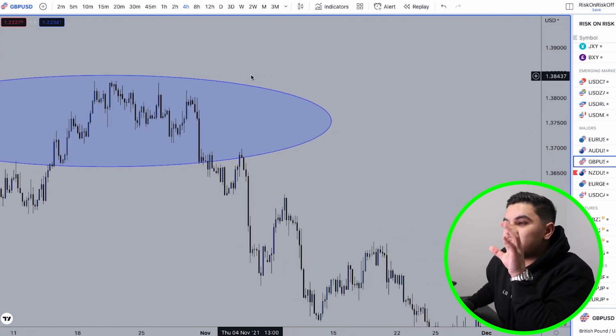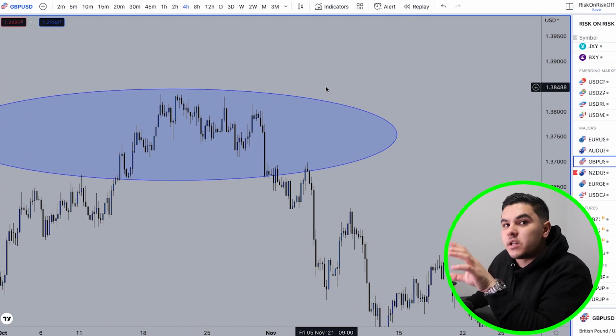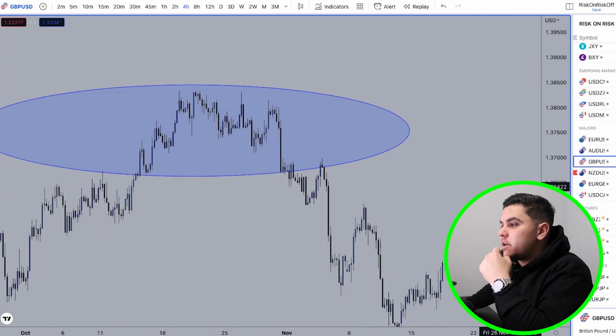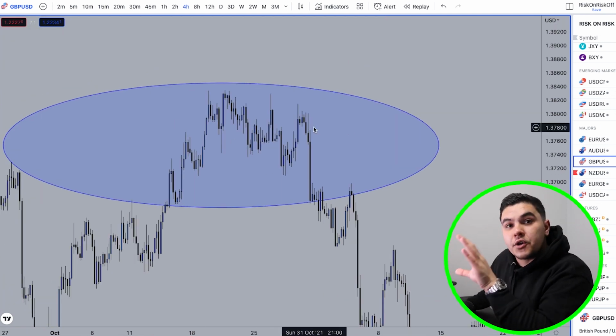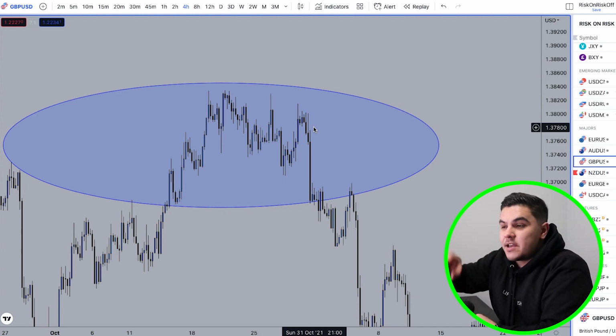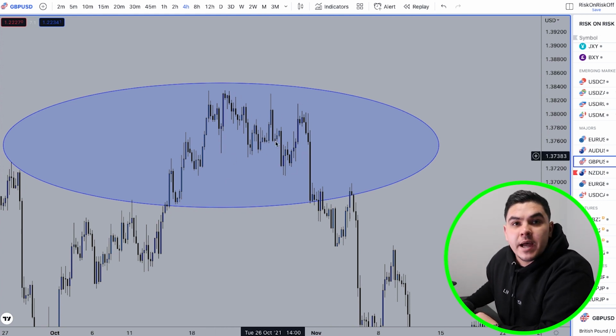So for me, it's so important to use them on the higher time frame, but then go to the lower time frame to really identify what is actually going on here. So looking at this area on the weekly, we identified it as a doji, meaning prices build up and more than likely consolidating on the lower time frames, which as we can see, price is fairly range bound over here.